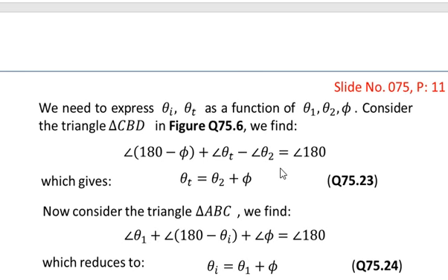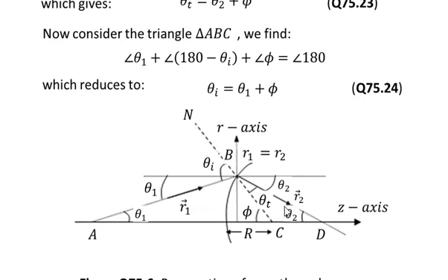In this figure we can write that angle 180 degree minus phi plus angle theta t plus angle theta 2, because the sum of three angles is equal to 180 degree. In this triangle we have summed up all three angles. The angle at point C is 180 degree minus phi, the angle at point B is theta t, the angle at point D is theta 2. But according to our sign convention we have to use the value of theta 2 as a negative quantity.